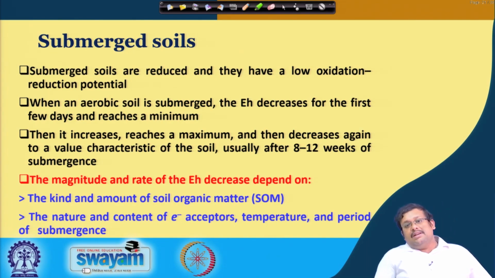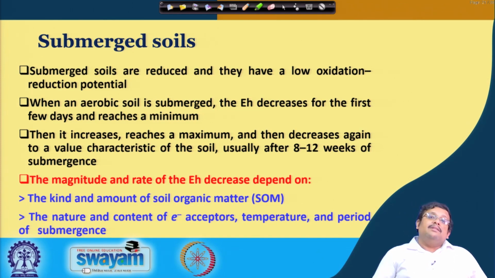Whatever oxygen was there earlier, it was totally utilized by the plant root as well as the aerobic microorganisms. As a result of that, there is no free oxygen or trapped oxygen. So, there is an anaerobic condition, anoxic condition. As a result of that, these soils have low redox potential or PE values.